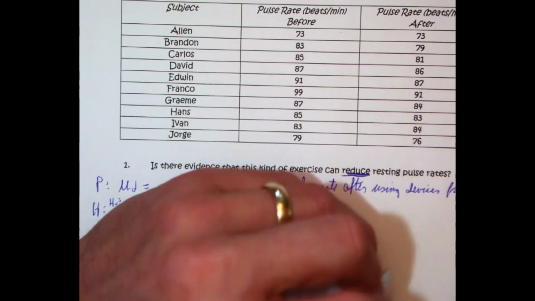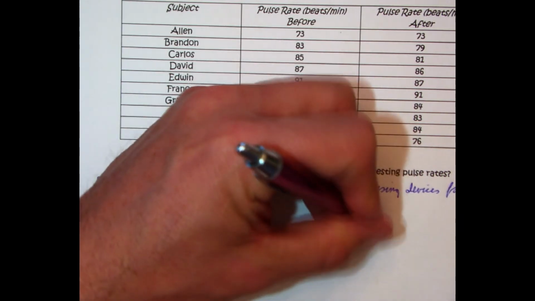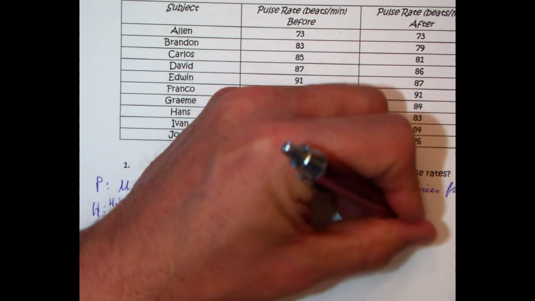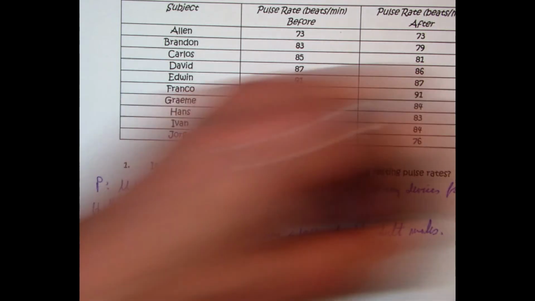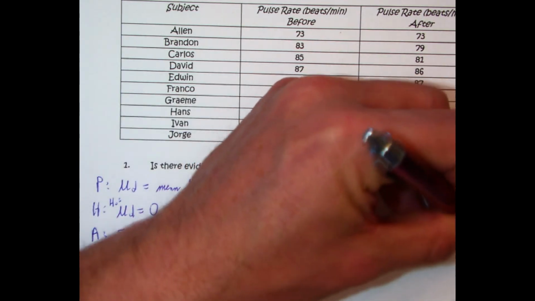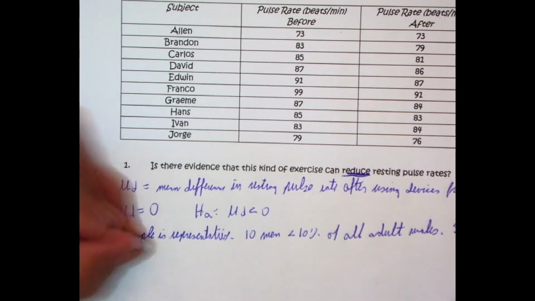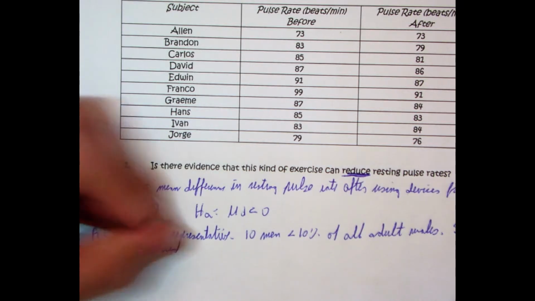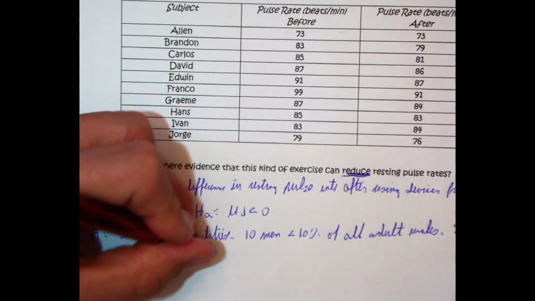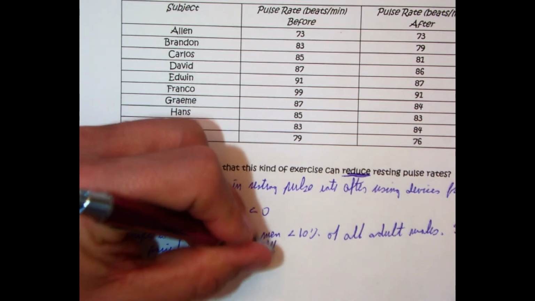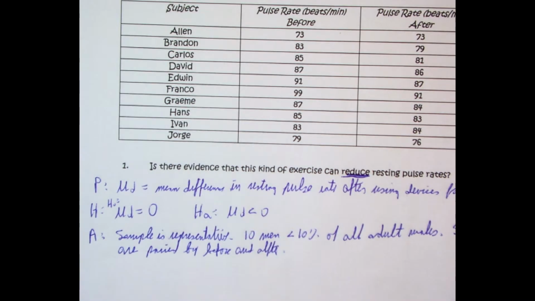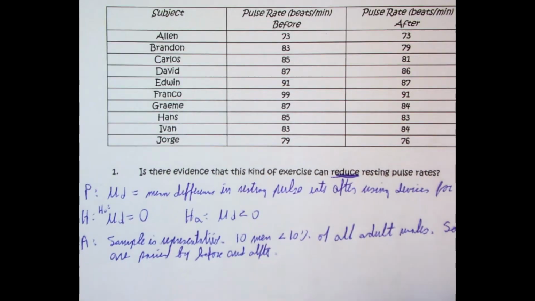I guess we're looking at adult males, we'll say adult males. We're not going to say that samples are independent. We're going to say that samples are paired by before and after. Okay. And then we've got to get into this nearly normal condition. We only have 10, so we've got to check this.